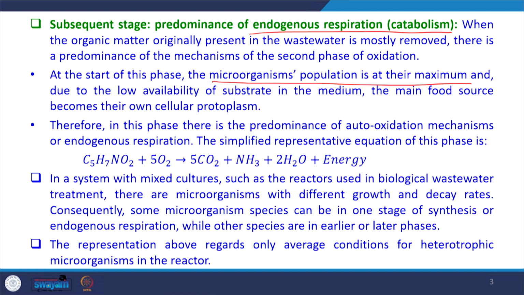Therefore, in this phase there is a predominance of auto-oxidation, or endogenous respiration. During this process the microorganisms themselves get oxidized, and CO2, ammonia and H2O are released along with energy.